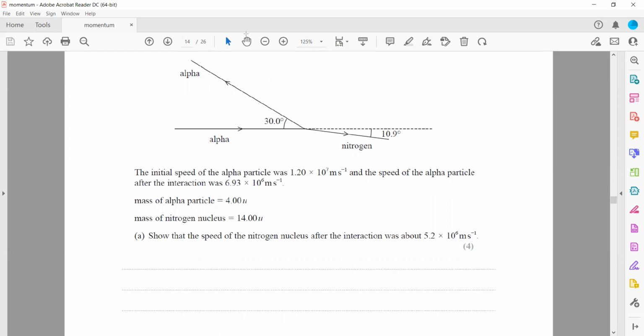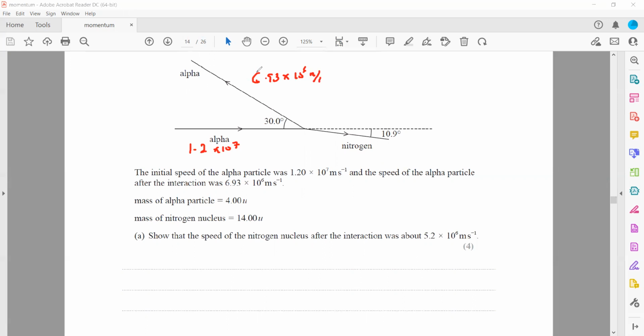So for the alpha particle, the speed before was 1.2 times 10 to the power 7, and after the interaction it was moving with 6.93 times 10 to the power 6.